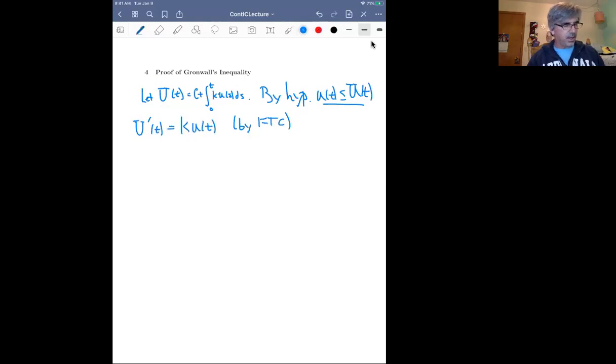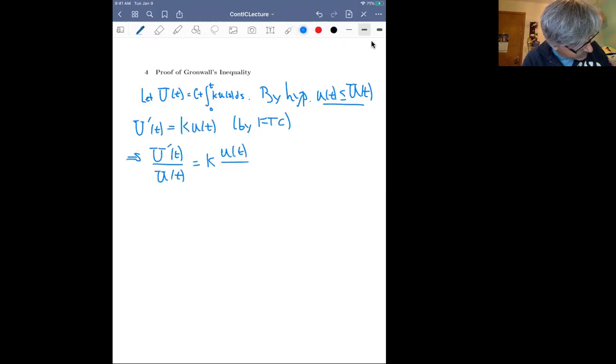The second thing I want to do is to divide U prime by U. And that seems a bit strange. So I get capital U prime of t divided by capital U of t, and that is equal to k times little u of t divided by capital U of t.